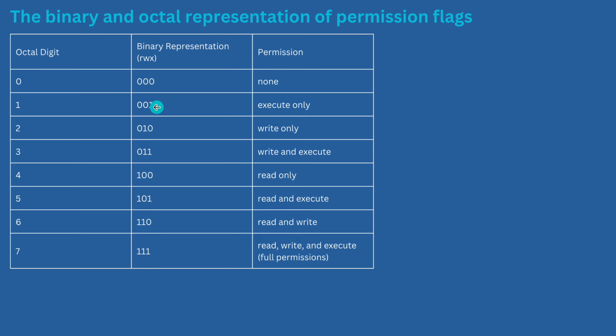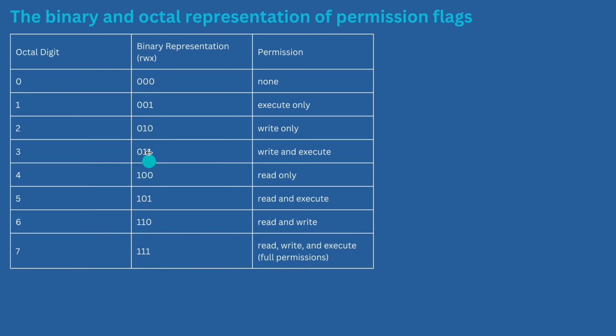A 1 means execute permission. 010 means we can write. The value in octal of binary 10 is 2. If you convert this into octal, you will get 2. So this is write only.